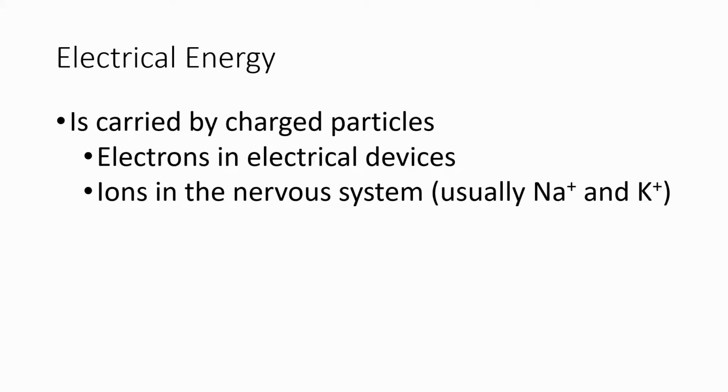So the electrical energy is carried just by charged particles, just like electrons carry energy in your electric devices. Ions, which are charged atoms, are going to carry the electric charge inside of your neurons.